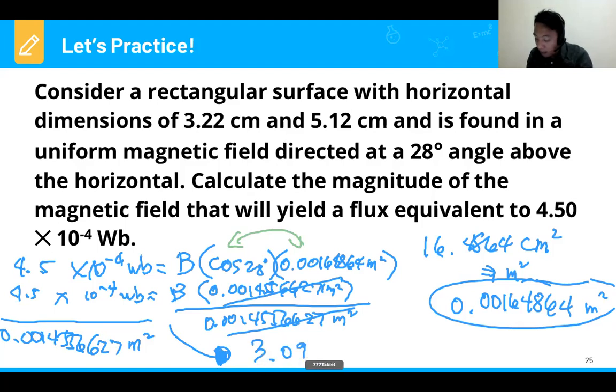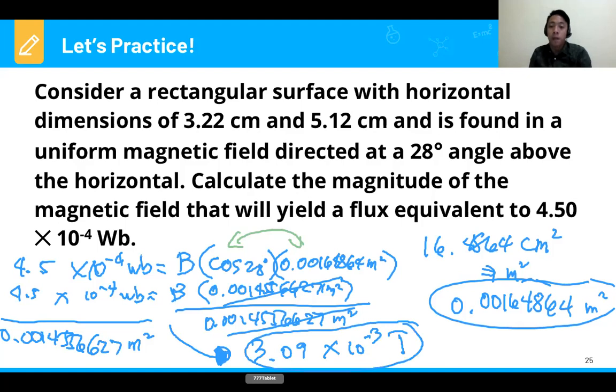3.09 by 10 raised to negative 3 Tesla. Teacher, why Tesla? Ano ba ang tawag dito? Unit ng magnetic field, di ba Tesla? Sir, but ang ating naiwan wala namang letter T na word. Ano ba yung natirang units? Wb over meter squared, di ba?